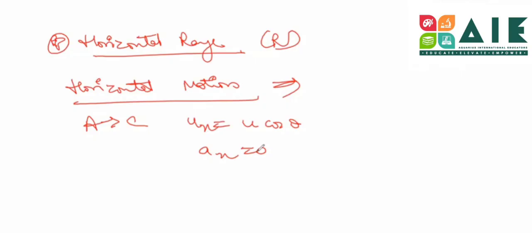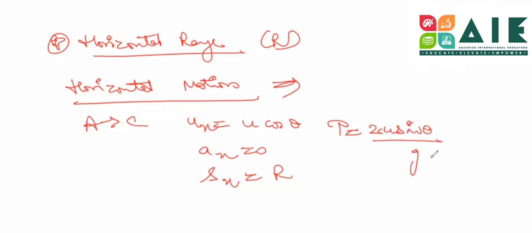That is why it never stops over there and comes down. Then we have the range which we are covering, R. Now apply this formula. I have also calculated the time period, and that was 2u sine theta over g. Correct?